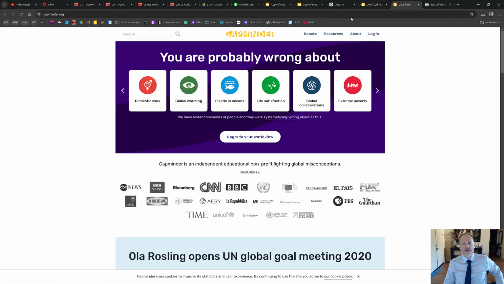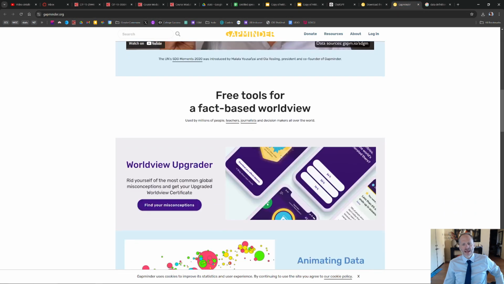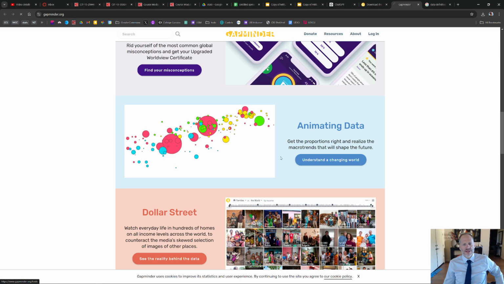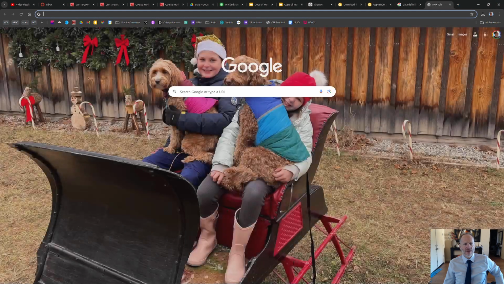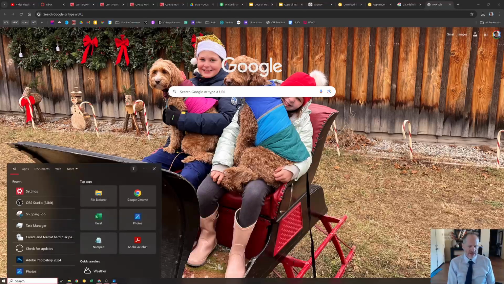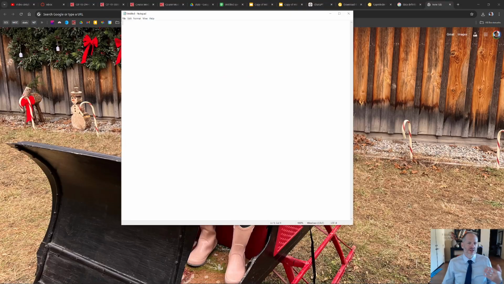So if I go back to gapminder.org and I scroll down, we're going to be able to see a graphic display. Here in a moment it's going to come up. And on this graphic display, I want it to show me GDP per capita. And I'm going to make these smaller, GDP per capita, and we're going to call this wealth. Okay, it'll show us the wealth of nations.